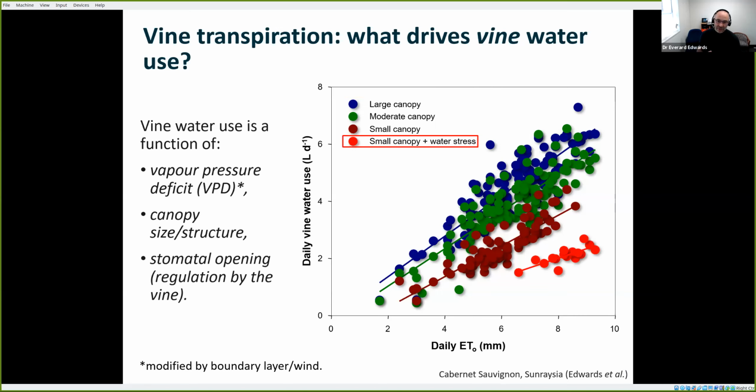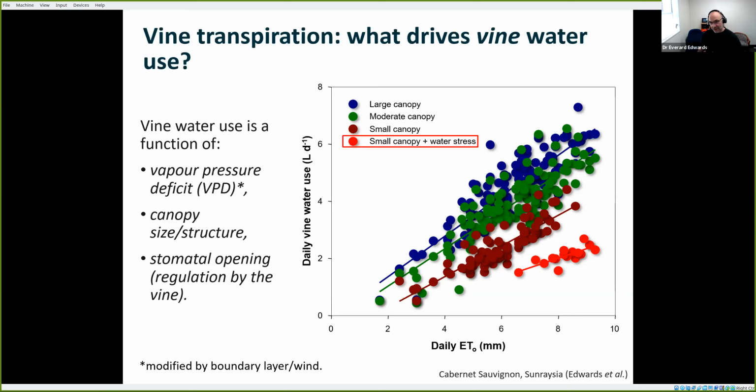So then the final major driver of the water use of the vines itself is how open the stomatal pores on the leaf are. So you probably remember that the underside of the leaf itself is covered obviously in a waxy cuticle, and on the underside of the leaf we've got these small pores, which is where the water evaporates out from, and the opening of those pores can actually be regulated by the vine.